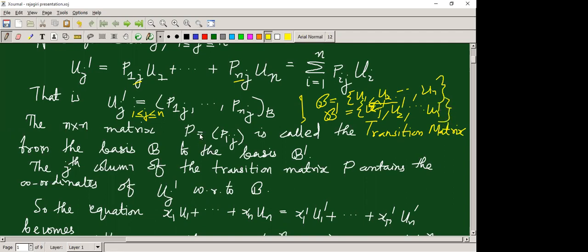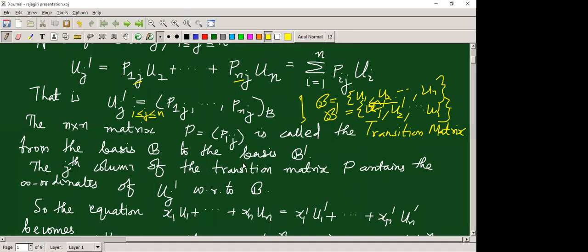Then the second coordinates: you take the second basis, take an element from B dash, and represent it as a linear combination of elements of B. The corresponding coefficients will form an n by n matrix. This matrix is called the transition matrix from the basis B to the basis B dash.